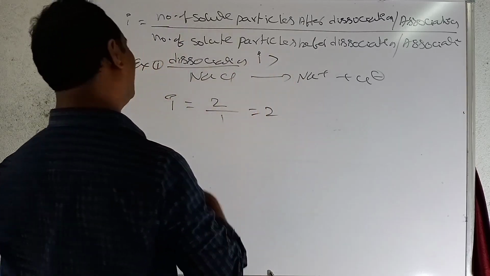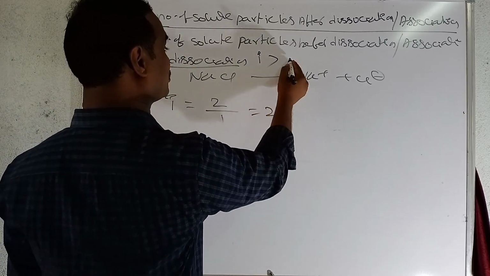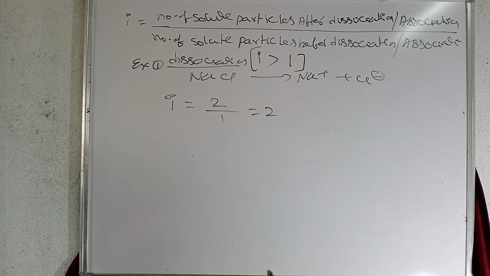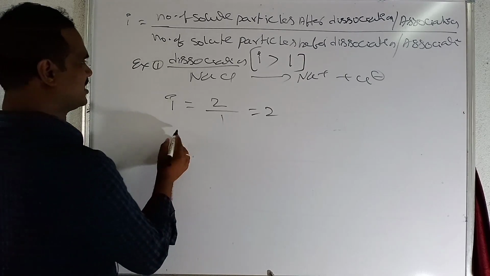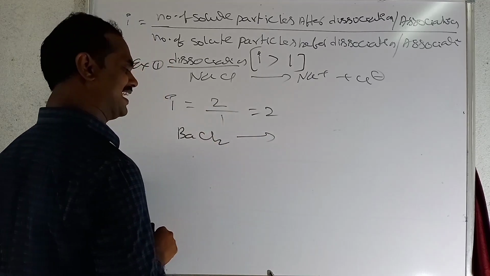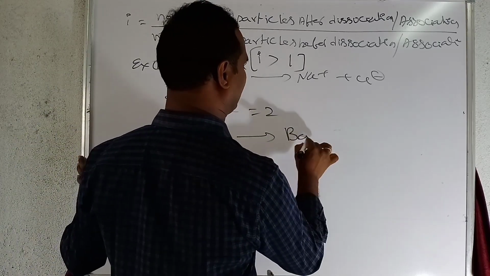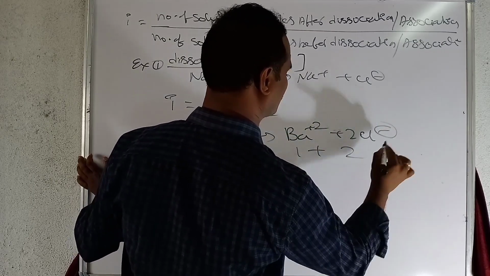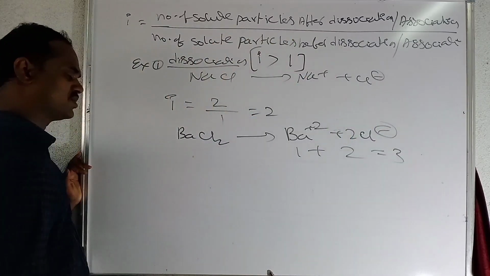Generally, the van't Hoff factor i in a dissociation case is greater than 1. For example, if BaCl2 dissociates 100%, what do we get? Ba 2 plus and 2 Cl minus, 1 plus 2, 3 particles after dissociation.